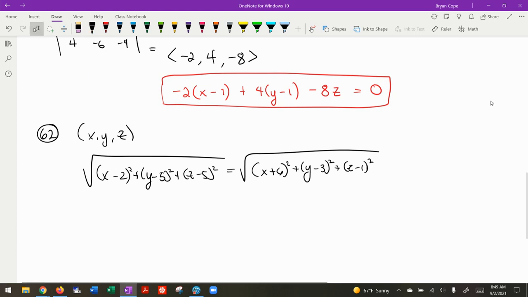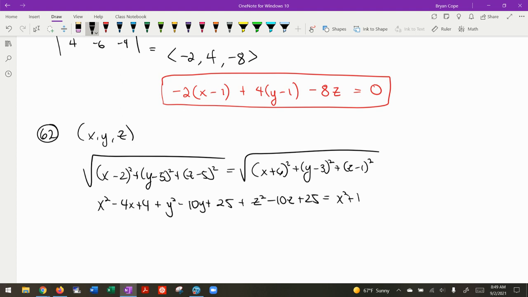Okay, well, we can square both sides, obviously, and then we can clean this up. I'm just going to do the algebra here, so I'm not going to talk through everything in detail. All right, clean this up and we'll have it.